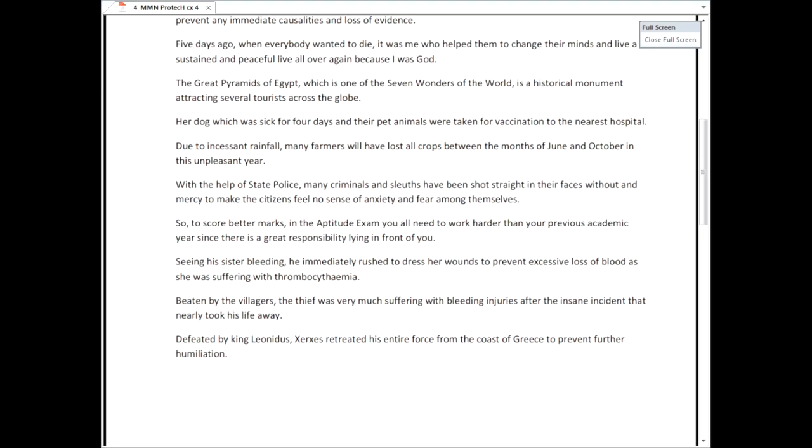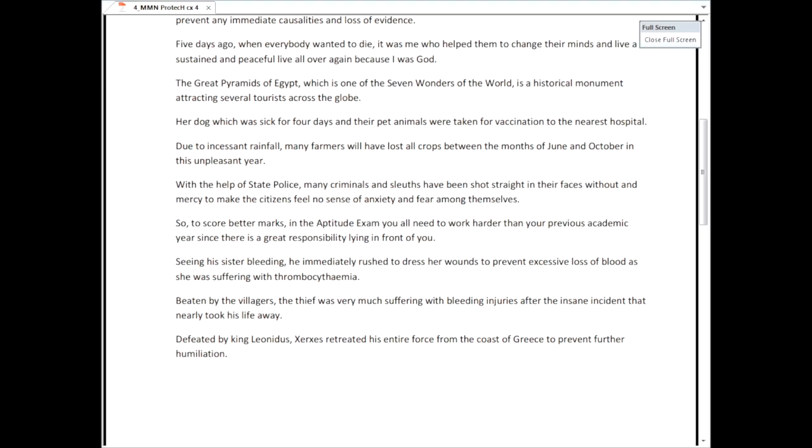Seeing his sister bleeding, he immediately rushed to dress her wound to prevent excessive loss of blood, as she was suffering with thrombocythemia. Got it? I think you said it absolutely without seeing. थोड़ा सा देखना पड़ता है क्योंकि पूरा सेंटेंस नहीं आ रहा है. Okay. It will take time.